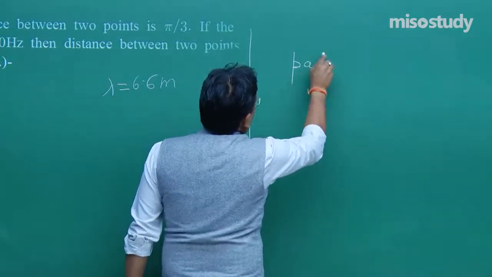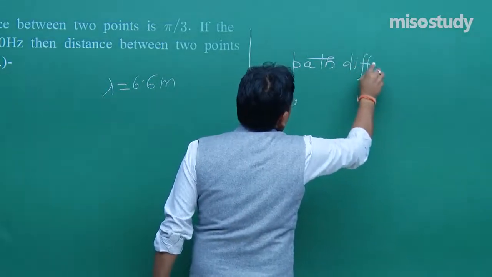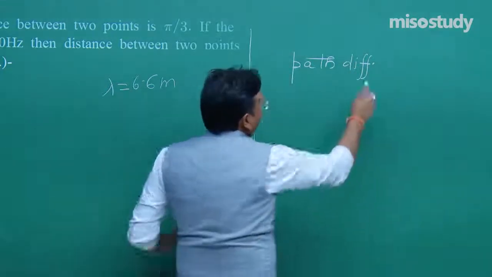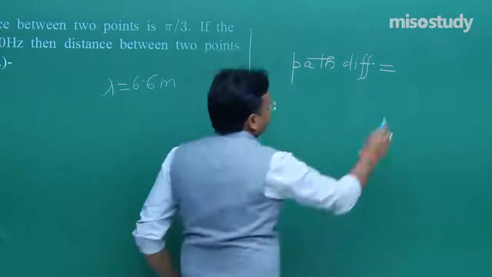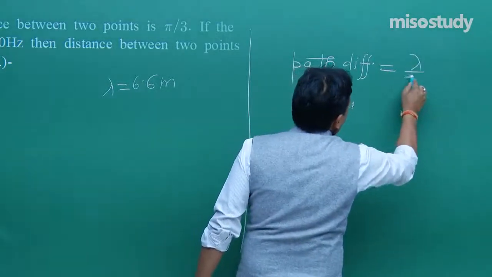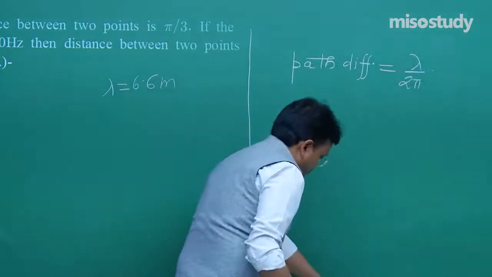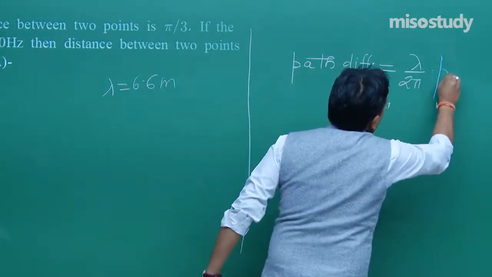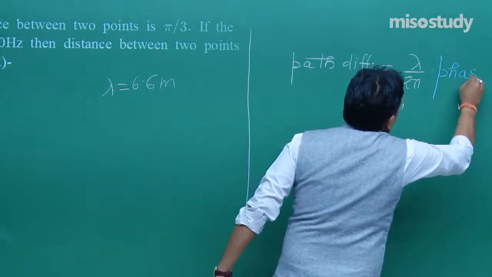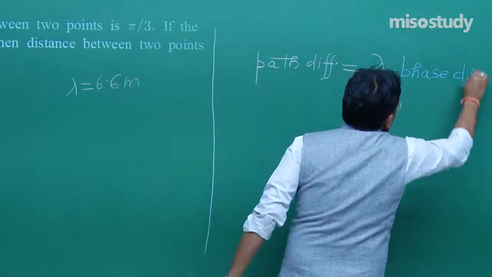Path difference, in short, is equal to lambda upon 2 pi into phase difference.